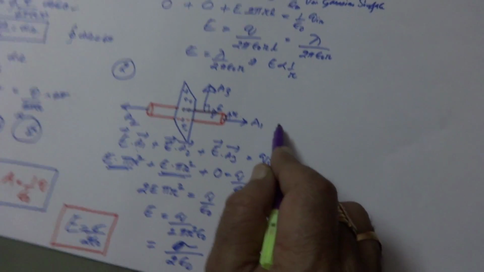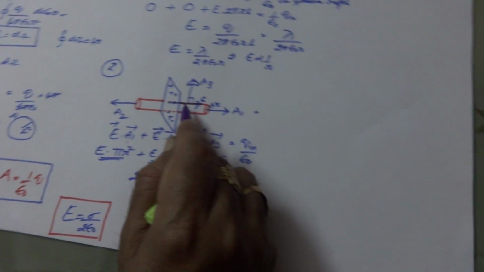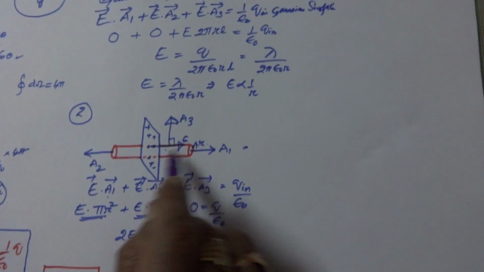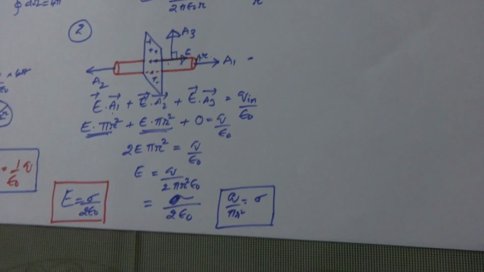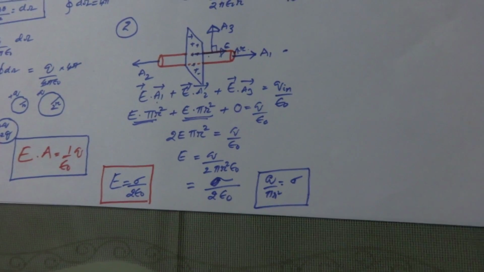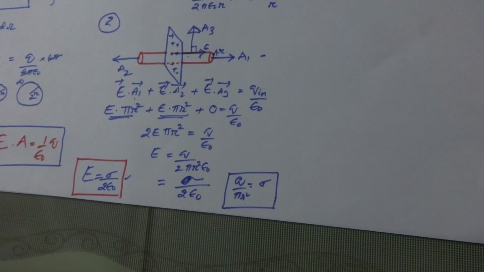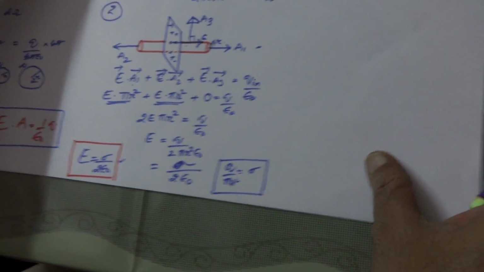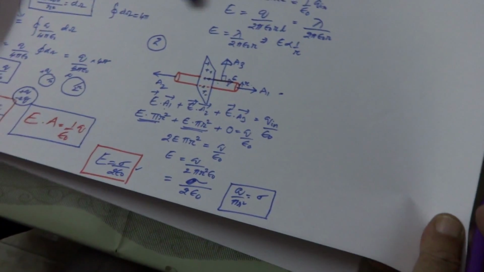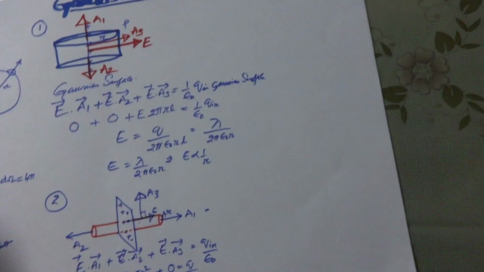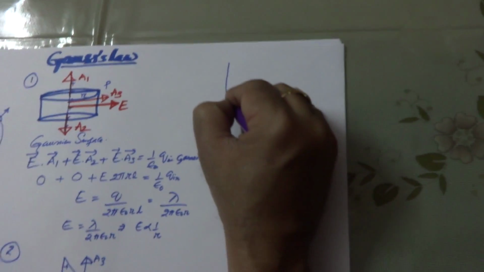Even if somebody is observing from this point, or somebody is very close to this point, for all the points the electric field remains the same as it is independent of the length of the cylinder. So this result is E is equal to sigma by 2 epsilon naught. Now based on this, one more application can be solved, that is, suppose two charge sheets are there.